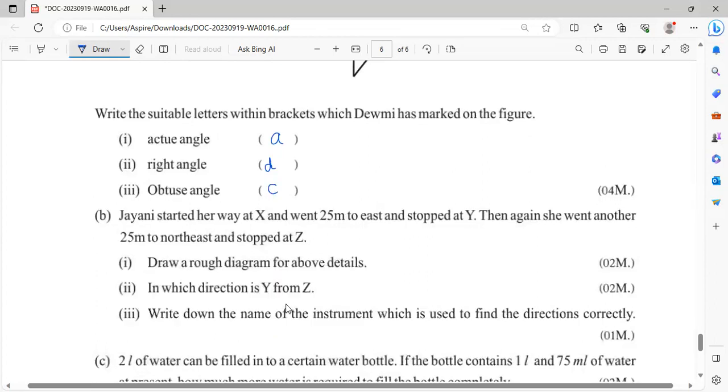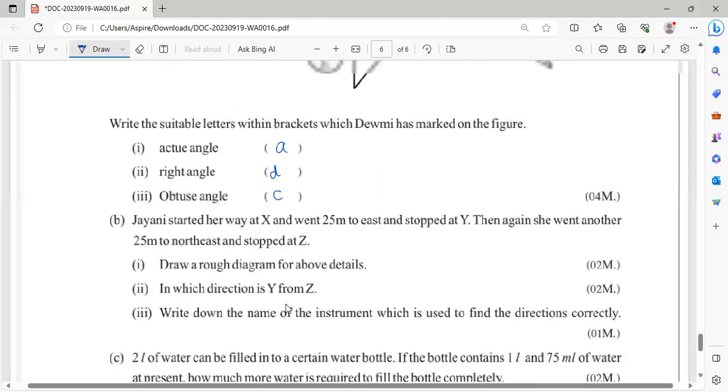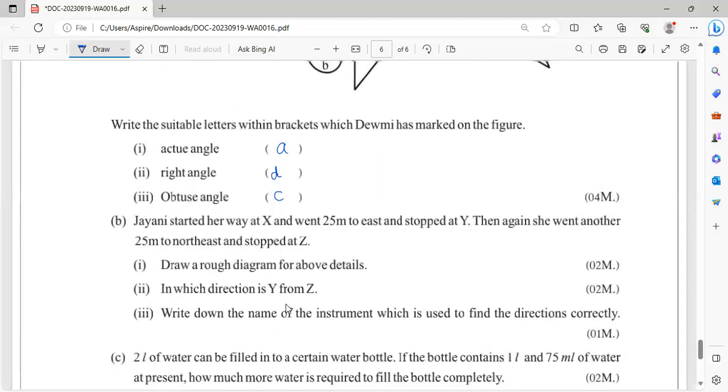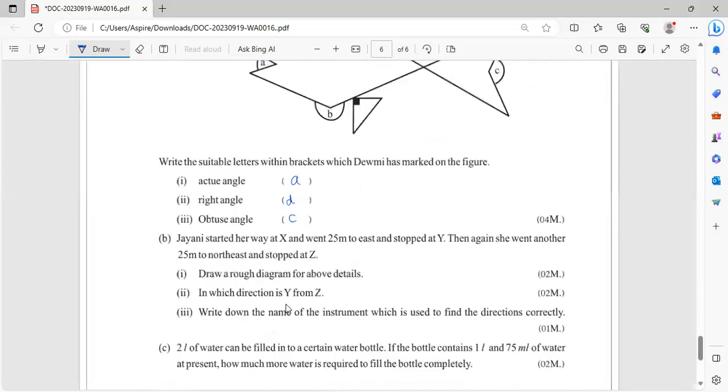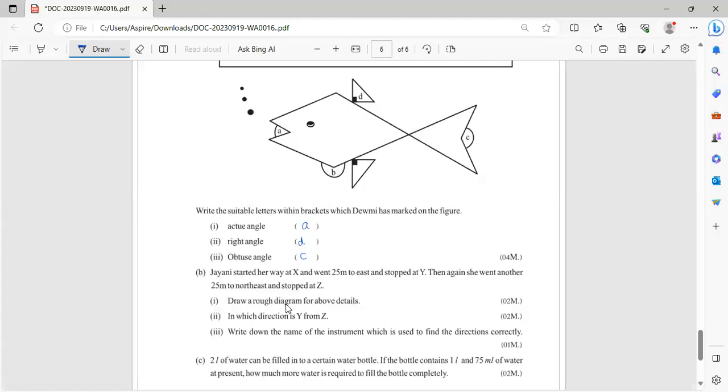Jayani started her way at X and went 25 meters to east and stopped at Y. Then again she went another 25 meters northeast and stopped at Z. Draw a rough diagram for the above details.